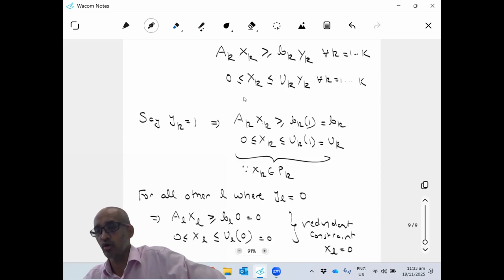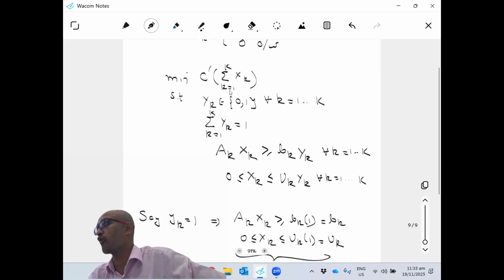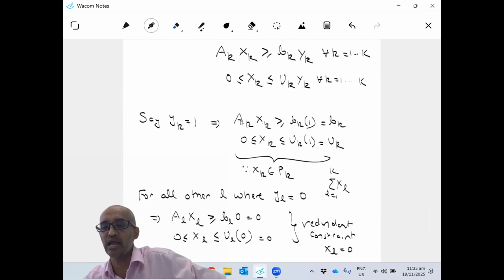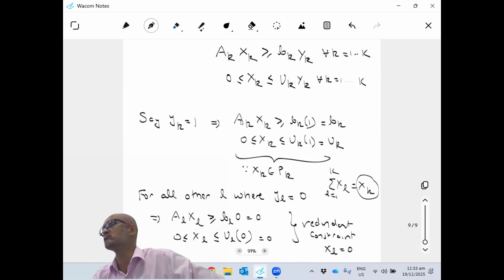If xl is 0, all those x's are 0. What is my x? It is a summation of all these xk's. Exactly one xk I pick up, everything else is 0. So the summation of xl from 1 up to capital K will exactly be equal to xk, which lies in the polyhedron. So I pick up what I wanted.